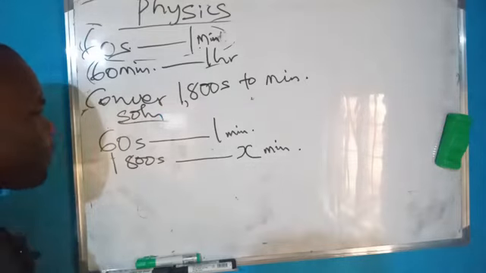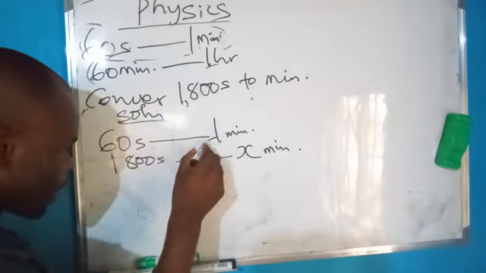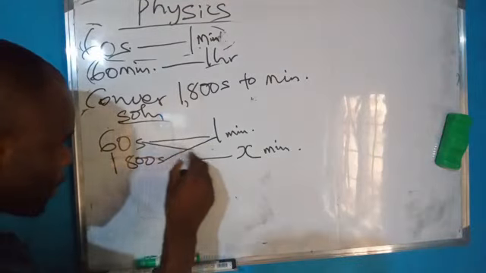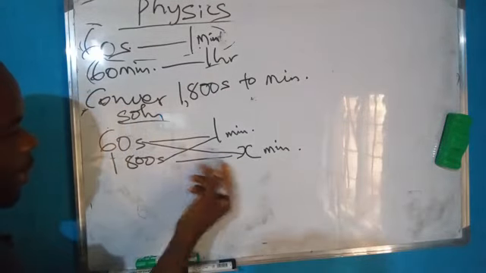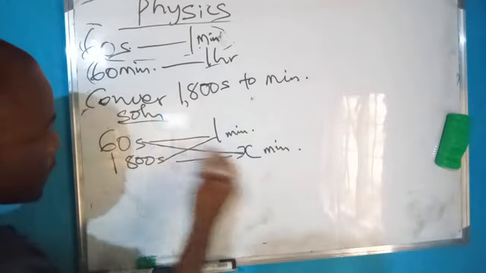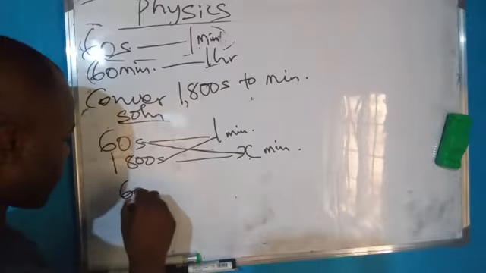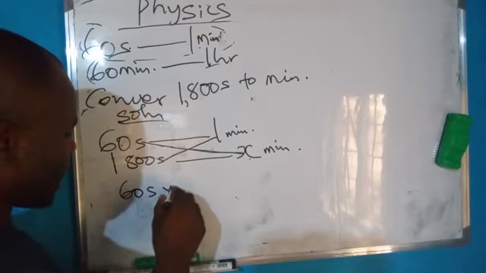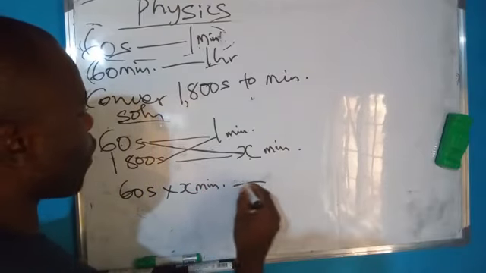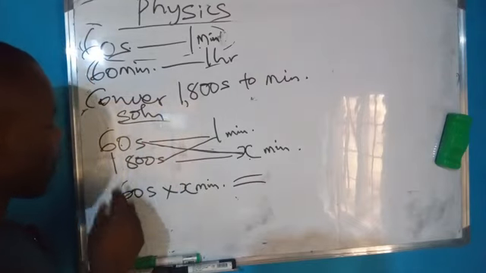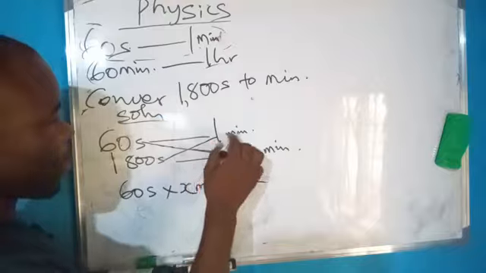Okay, now do what? Cross multiplication. You see, so that 60 seconds will be multiplying this x. You see the direction? 60 seconds times x minutes equal to 1800 seconds will be multiplying 1 minute.